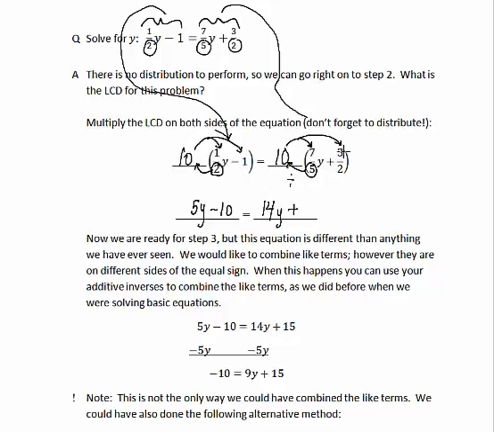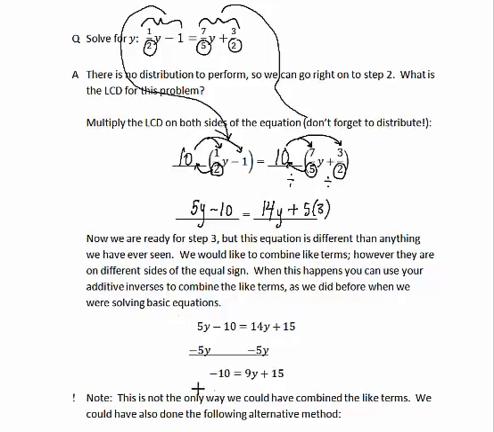Now for the last term inside this parentheses, we have a 2 in the denominator, and so we would divide 10 by 2. We would get a 5, and that 5 we would multiply by 3. So you can see down here in the next few steps, we have 5y minus 10, 14y, and then 5 times 3 is 15.